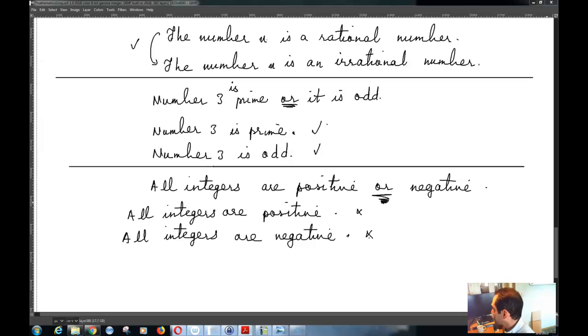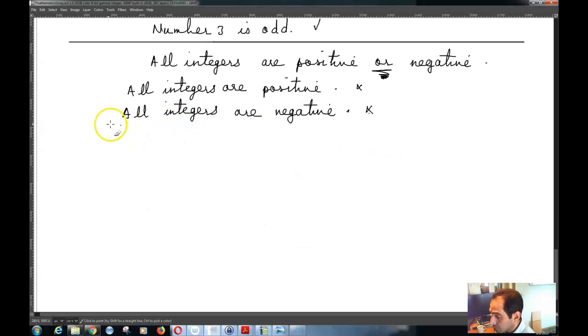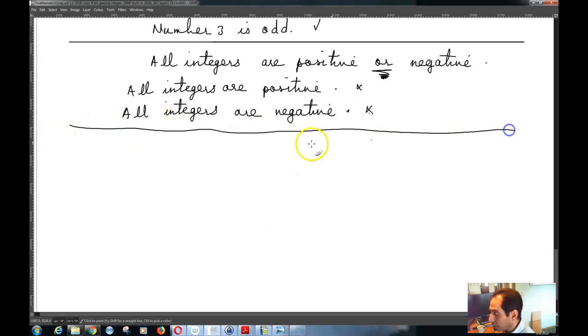And the third part of this question is 100 is divisible by 3, 11, and 5.